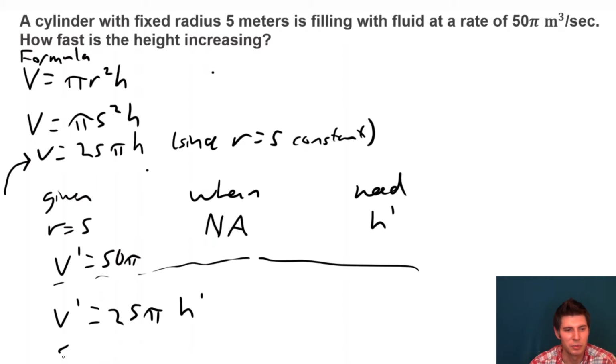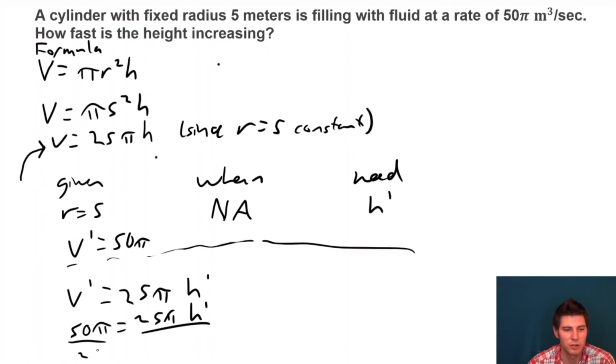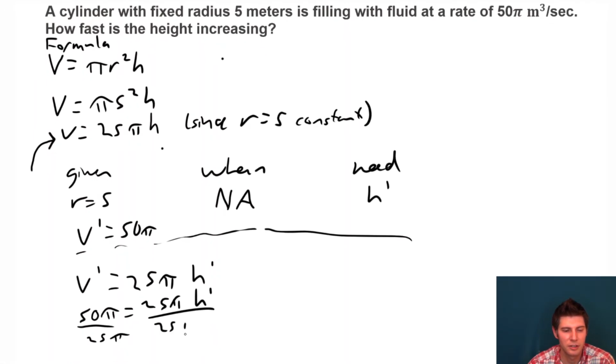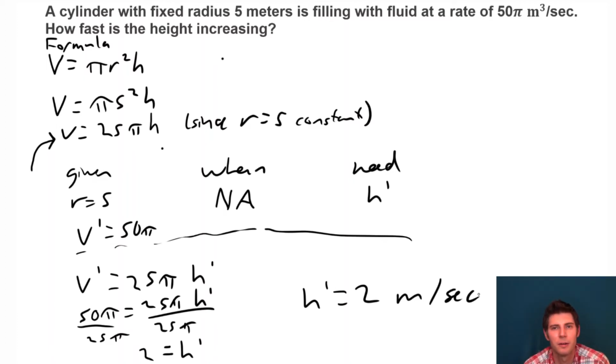Now plug in for v prime, we get 50 pi equals 25 pi h prime. Divide both sides by 25 pi. And we get h prime is equal to 2. That's going to be meters per second. So that's pretty fast. And that's it. That's the answer to that question.